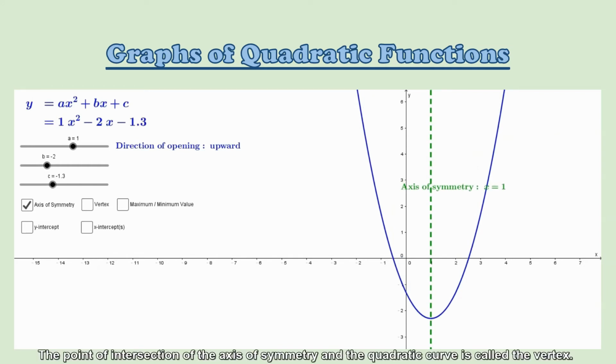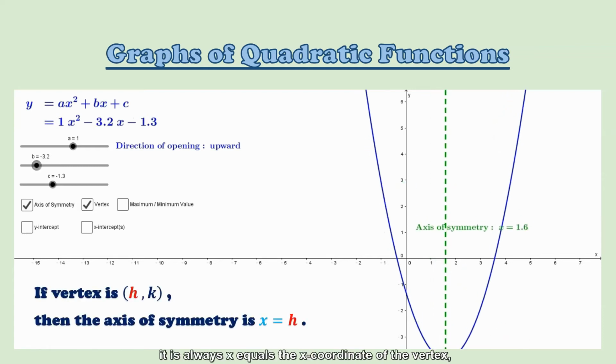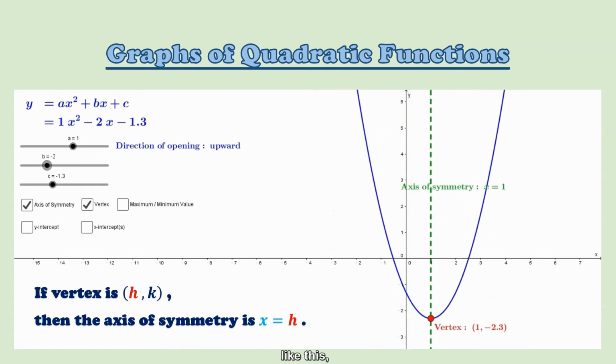The point of intersection of the axis of symmetry and the quadratic curve is called the vertex. For the equation of the axis of symmetry, it is always x equals the x-coordinate of the vertex, like this.